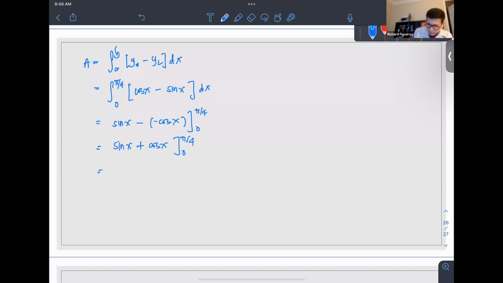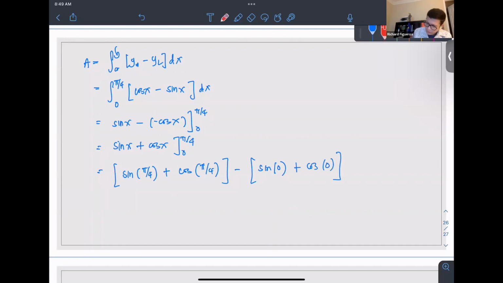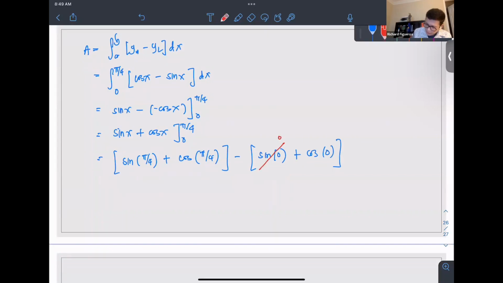So we substitute the upper limit: sine pi over 4 plus cosine pi over 4. And then we subtract the lower limit: sine 0 plus cosine 0. Sine 0 is 0, cosine 0 is 1.